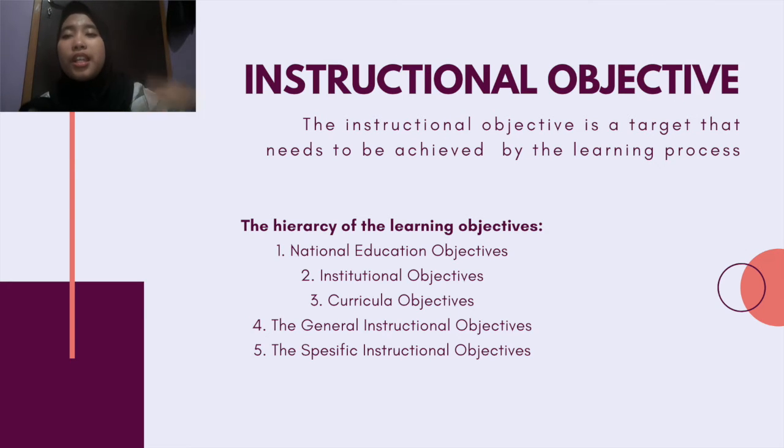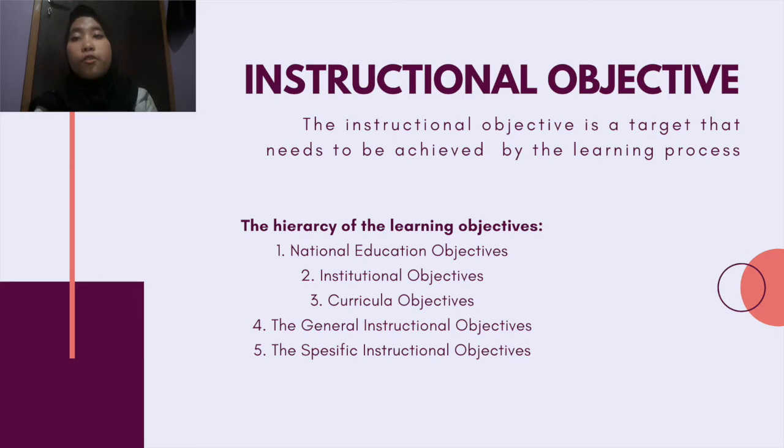To make it easier for teachers to make this objective, there is a formulation, and this formulation consists of 4 components, A, B, C, D. A stands for audience, B stands for behavior, C stands for condition, and D stands for degree.